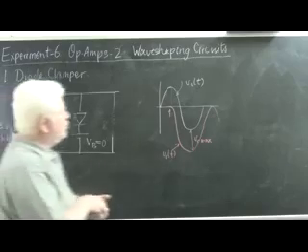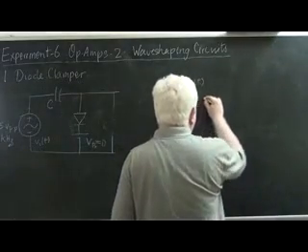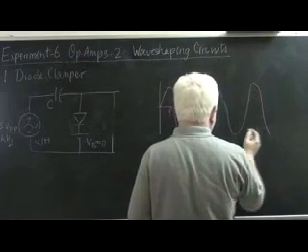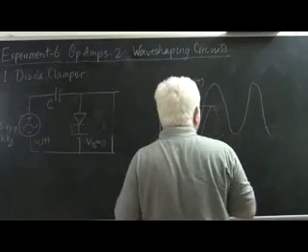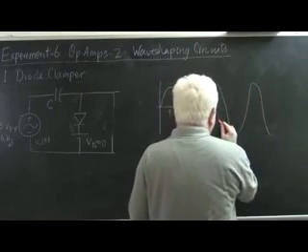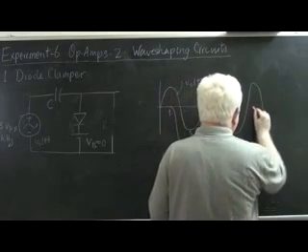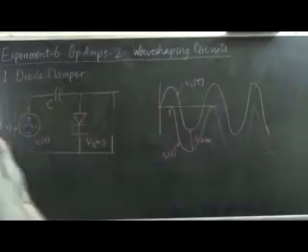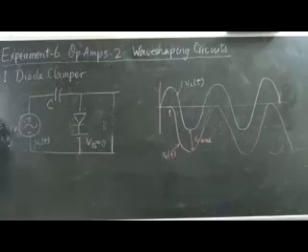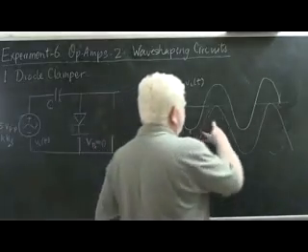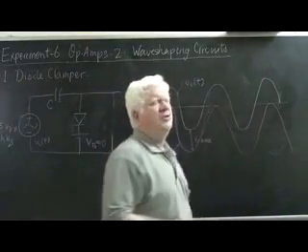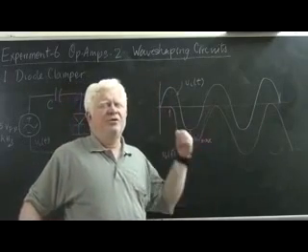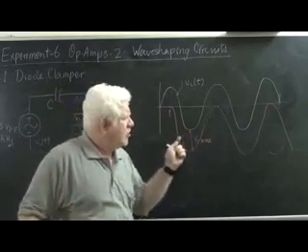So while the input continues to repeat itself like this, the output would continue to repeat itself like this. So the output would remain under the input by an amount equal to the charged capacitor voltage value forever and ever.